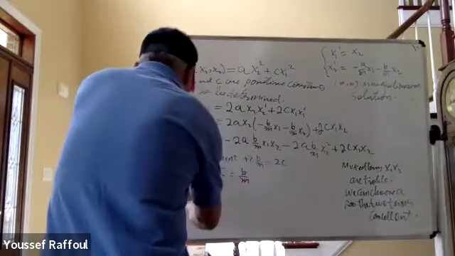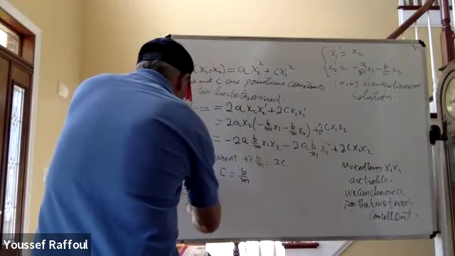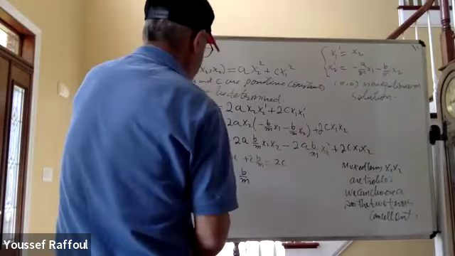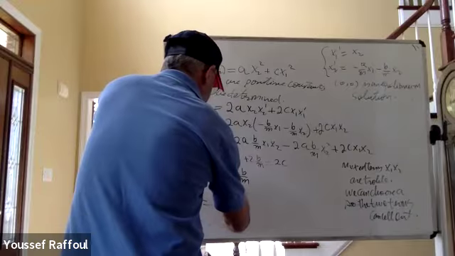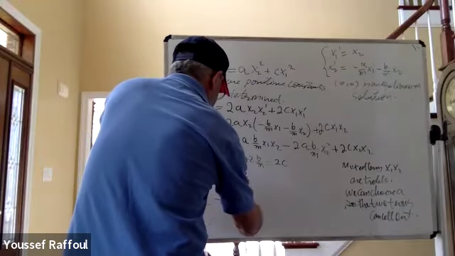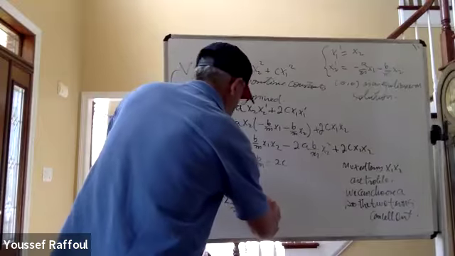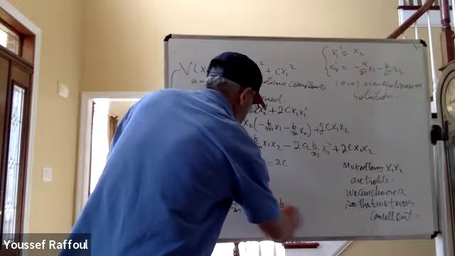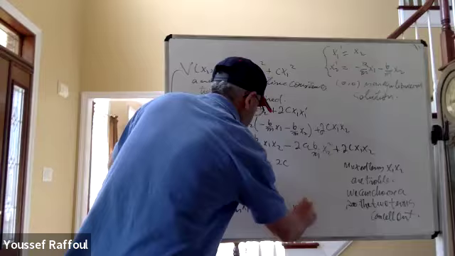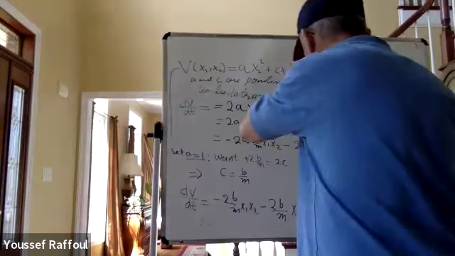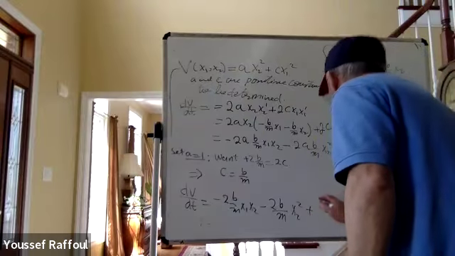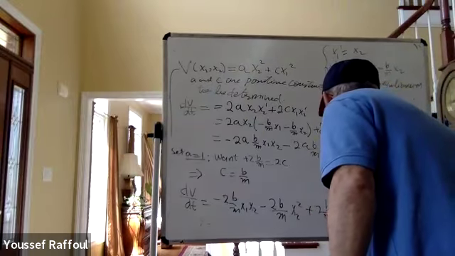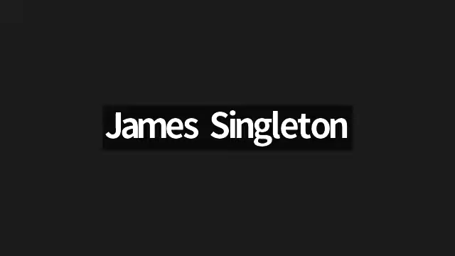So if this is the case, then dV over dt is minus 2b over m x1 x2 minus 2b over m x2 squared plus 2b over m. Dr. Raful, I think you replaced your k with a b again.